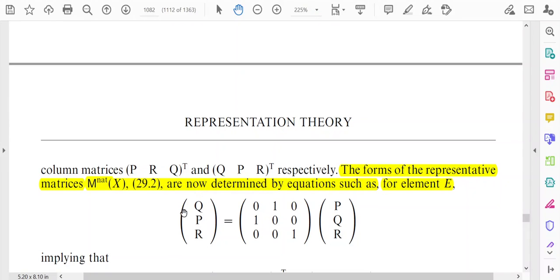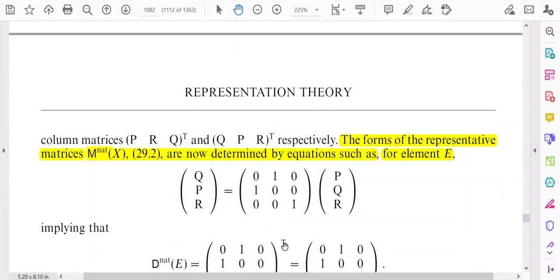Now element E is related to the original basis vector or column matrix PQR by this matrix, because if you write the matrix in this way, then after multiplication between this matrix and PQR, we will obtain QPR.